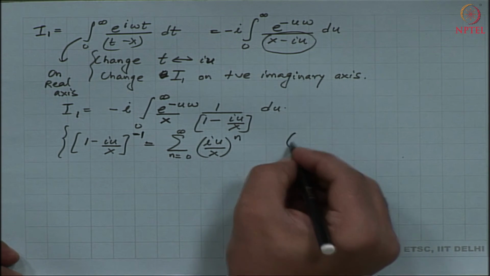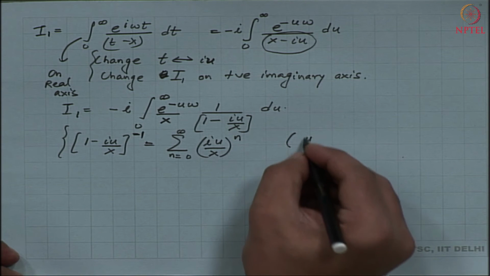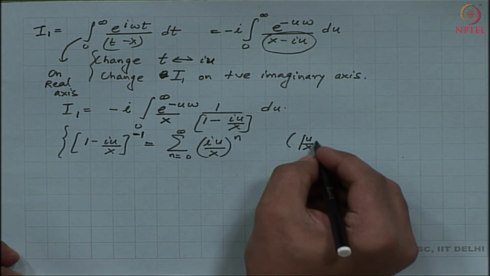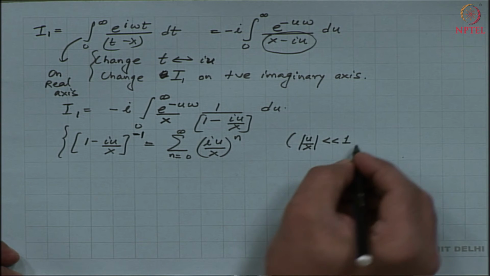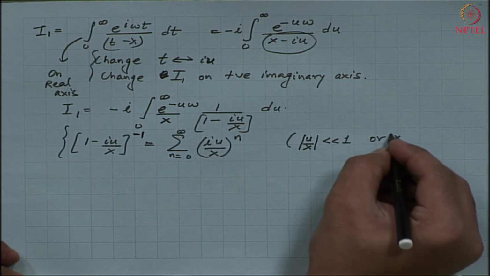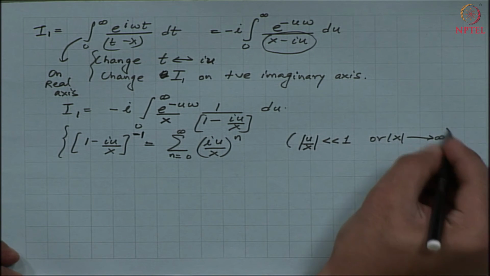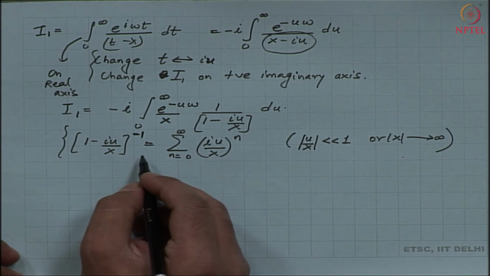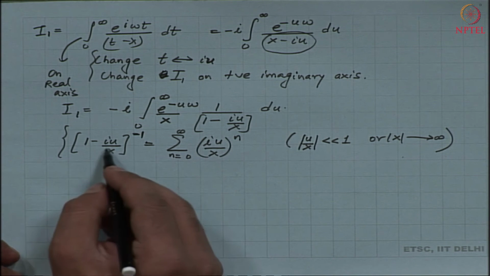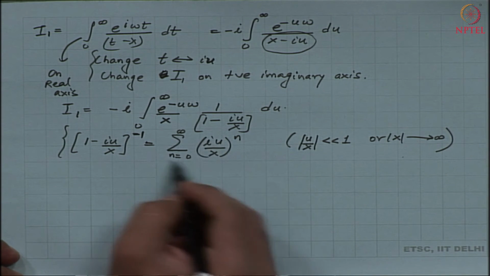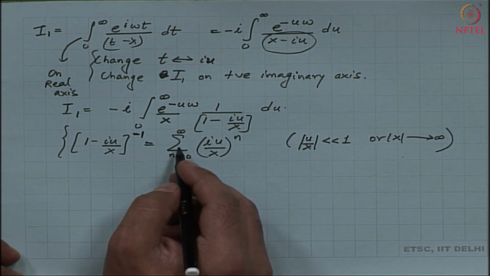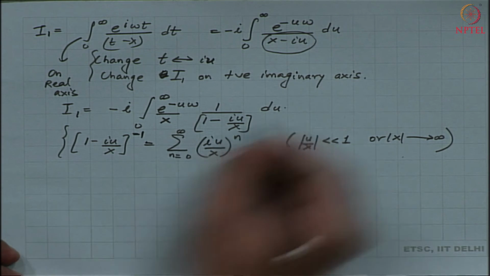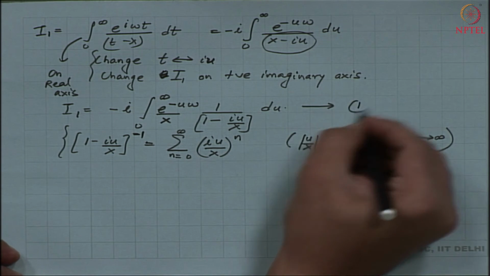Okay. This is in the limit that the modulus of iu by x is much less than 1, or x goes to infinity. Okay. So only then is this binomial expansion going to hold. So I am going to replace this factor with this summation. Let me call this step my step 1.